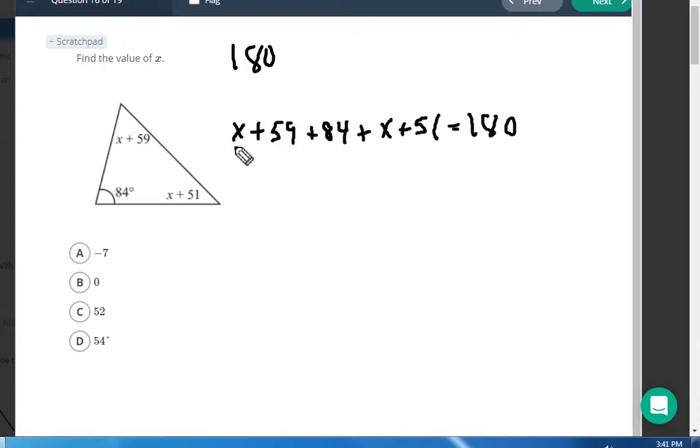Well, we don't know what x is, but we know we have two of them, and they are the same values. So we have two x's. And we know we have 59, we have 84, and we have 51. If you put that into a calculator, that would come up to 194.